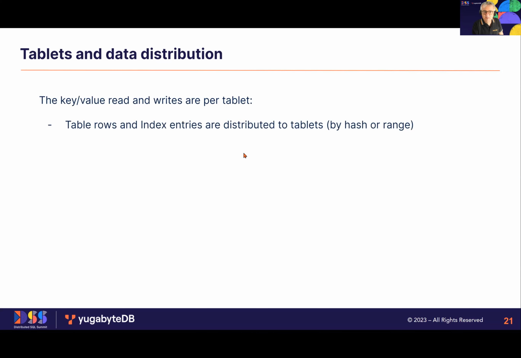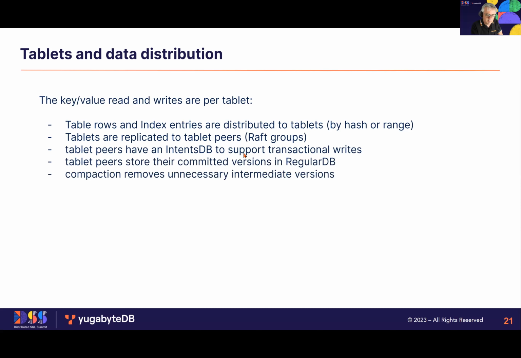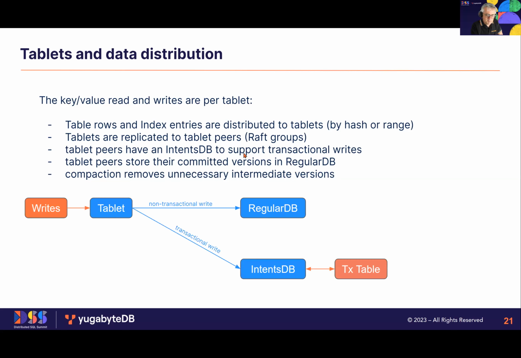Everything we have seen there is per tablet. If you distribute by hash or range, each tablet is a Raft group, and those writes are replicated. There is an IntentsDB and a regular DB for each one. So non-transactional writes go to the regular DB directly. If they need to be transactional, they go to the IntentsDB and also update the transaction table.